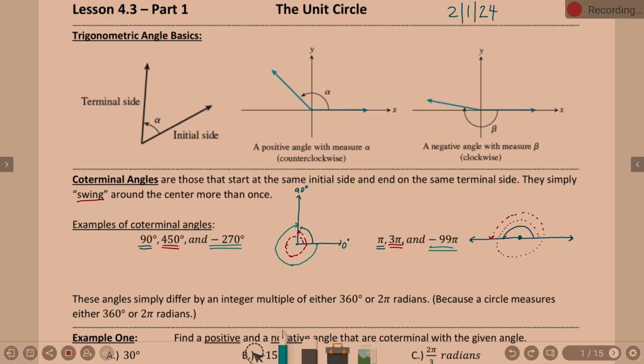Negative 99 pi. I don't know about you, but I'm not drawing that one out. But visualize with me. We would start here. And if you start going, negative says we're going down. We're going clockwise. Where are we at right now? Since we went down, we're at negative 1 pi. Are you with me?